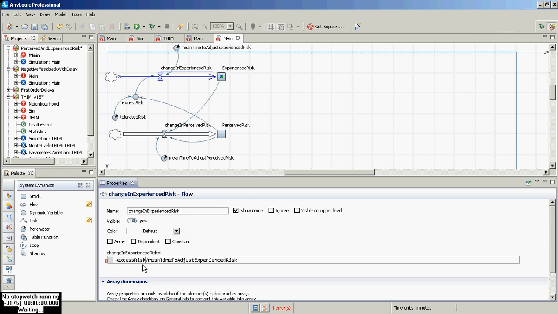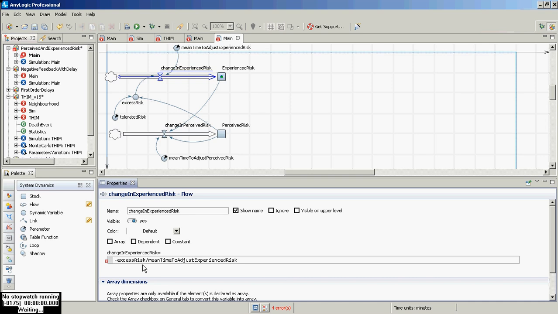So this is a reflection of the fact that we're taking action, taking a choice to lower the risk if we have excess risk, or increasing the risk if we think we're not at particular risk. So it's minus excess risk here. And that completes this little model.